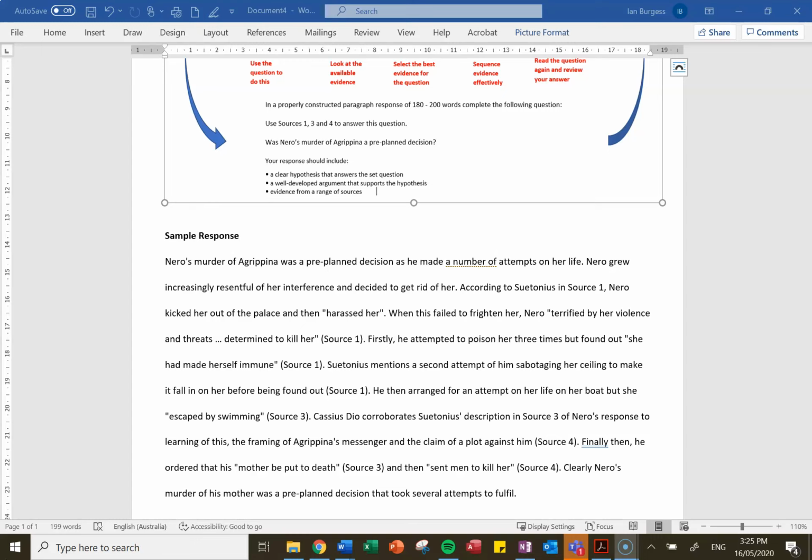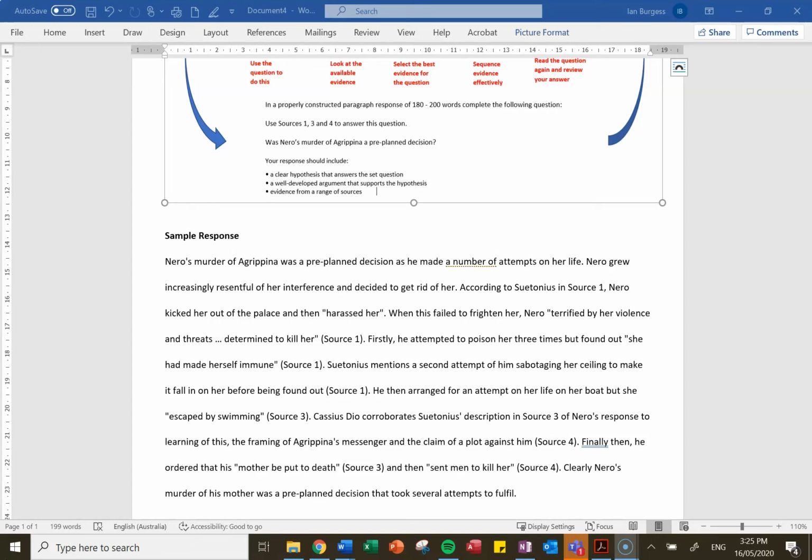And so what I then do is I now use another piece of evidence from source 4 to corroborate that fact. Cassius Dio corroborates Suetonius's description in source 3 of Nero's response to learning of this, the framing of Agrippina's messenger, and the claim of a plot against him.